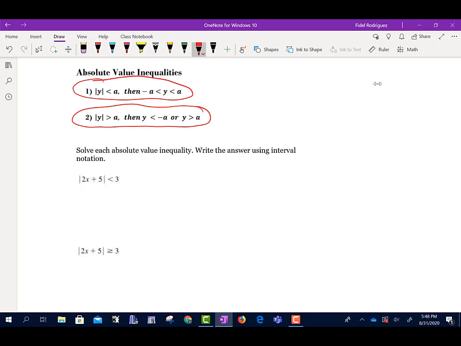And I'm going to solve these using a little stare and compare. Okay. So it says solve each absolute value inequality and write the answer using interval notation.